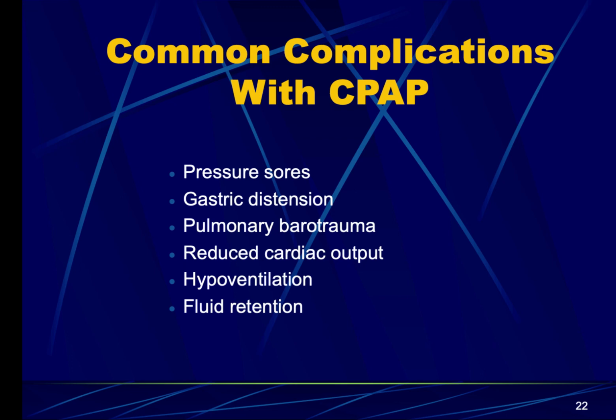Well, the problem with that is that because we are providing that continuous positive airway pressure with the PEEP, we are increasing the intrathoracic pressure in the thoracic cavity. And again, remember, when we increase that intrathoracic pressure, we're squeezing on the inferior and superior vena cava.